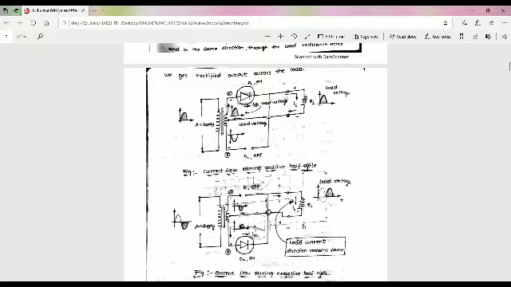Hence, we get a rectified output across the load. The load current is the sum of the individual diode currents, diode D1 and diode D2, flowing in corresponding half cycles. It is also noted that the two diodes do not conduct simultaneously but in alternate half cycles.